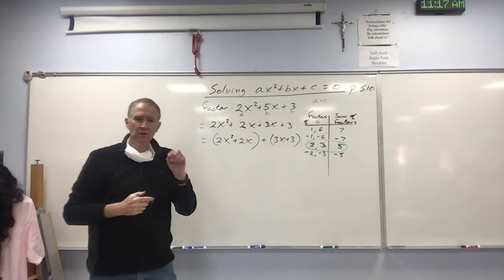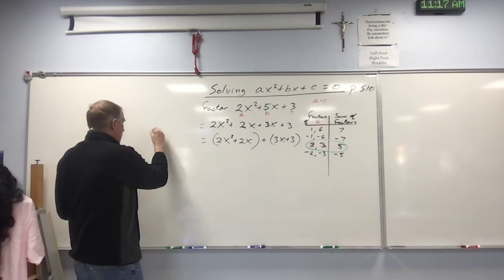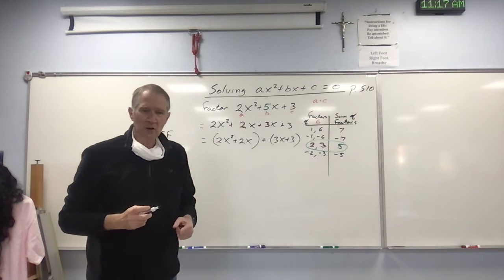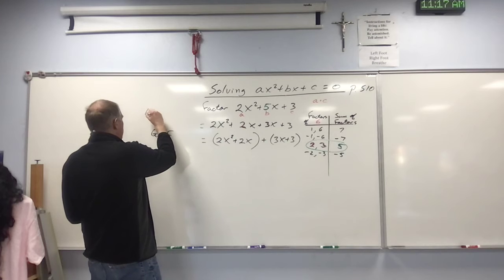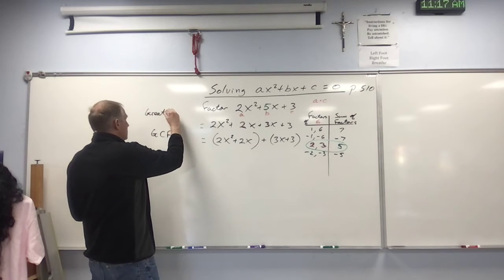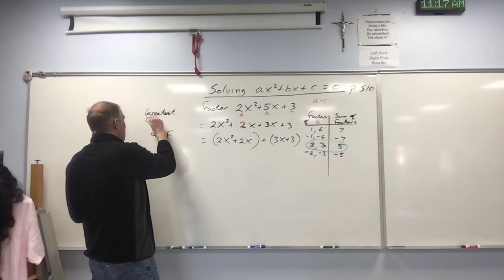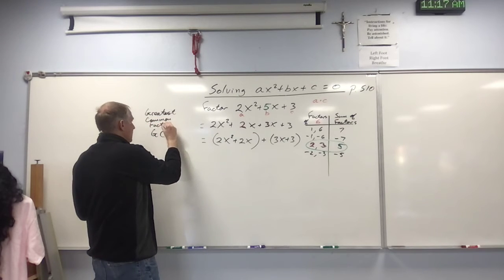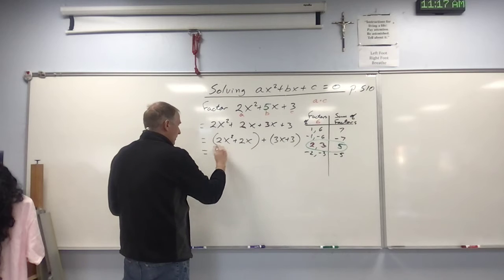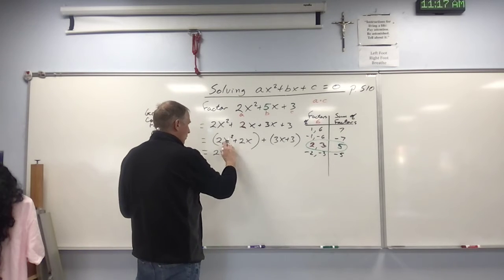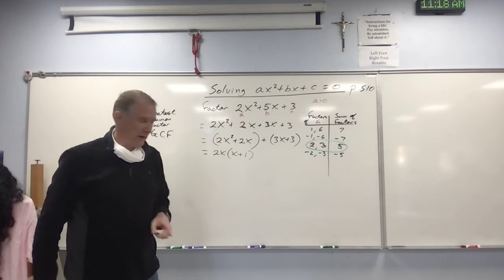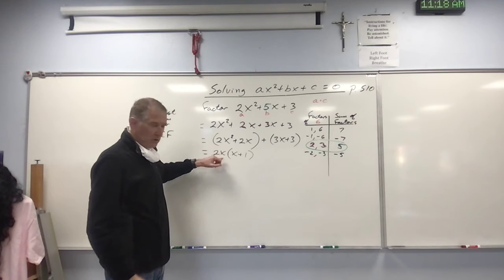They have a greatest common factor, GCF. And so this is 2x times, if I take 2x out of this, what's left? x plus 1. You should always double check that you did that right by just mentally multiplying this back in.